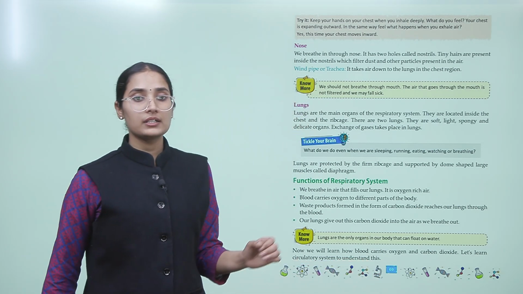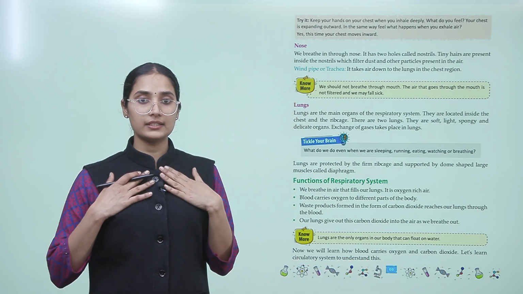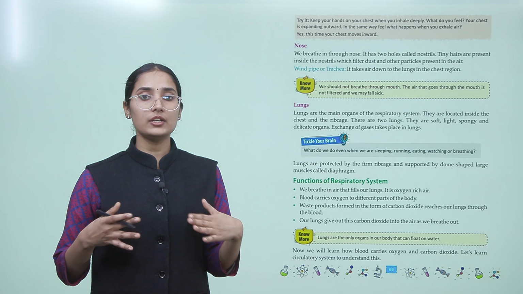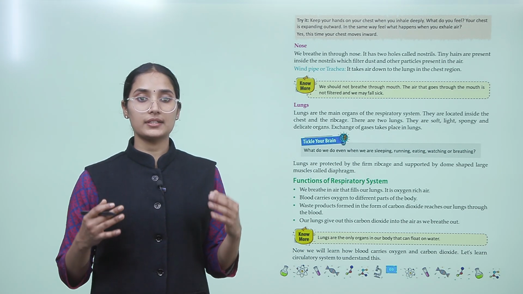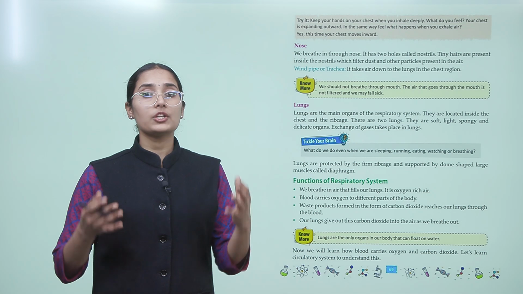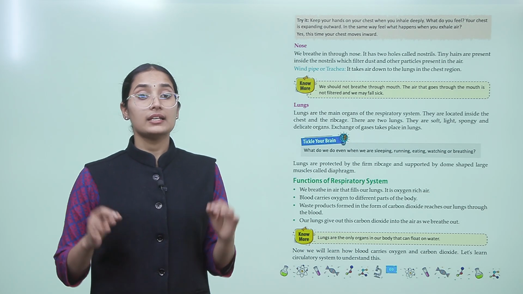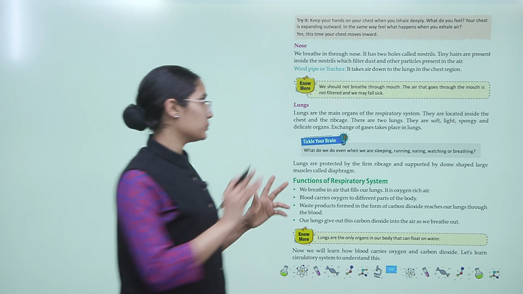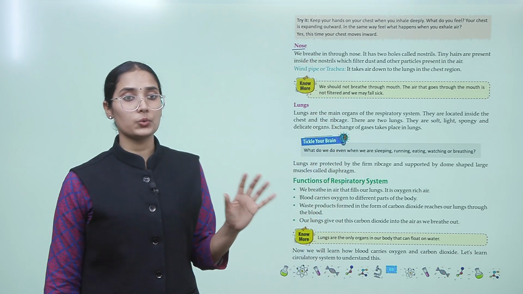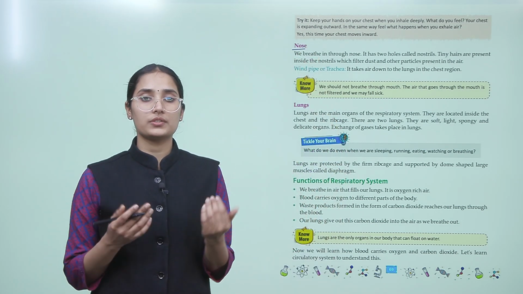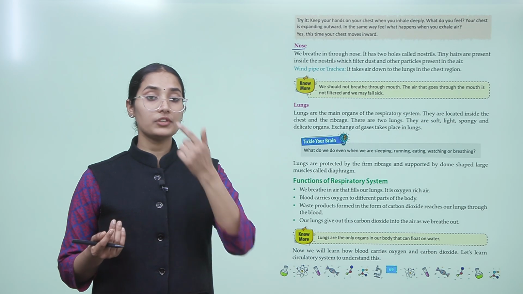Try it. Keep your hands on your chest like this. When you inhale deeply, what do you feel? Your chest is expanding outward. In the same way, feel what happens when you exhale. This time your chest moves inward. Now, it begins with the nose. When we take in oxygen, we use our nose.